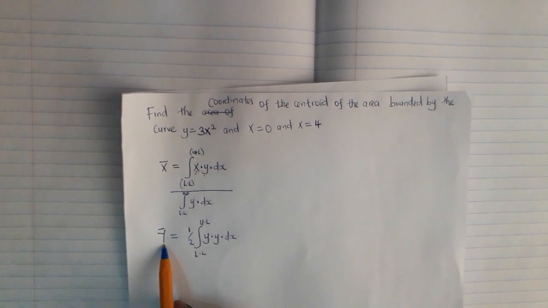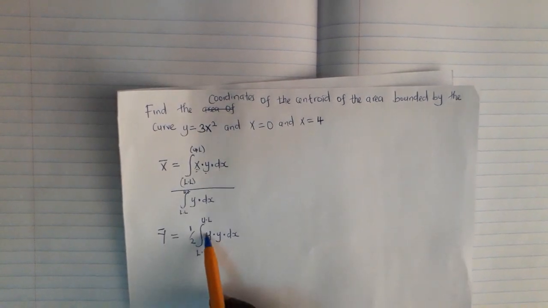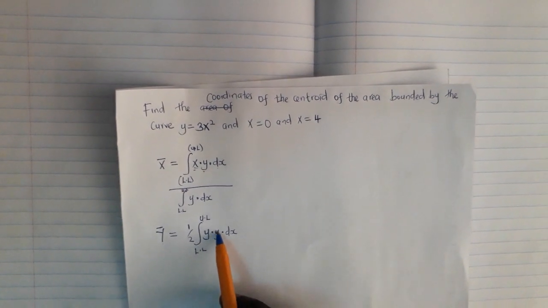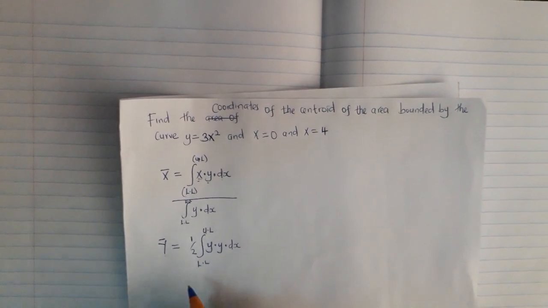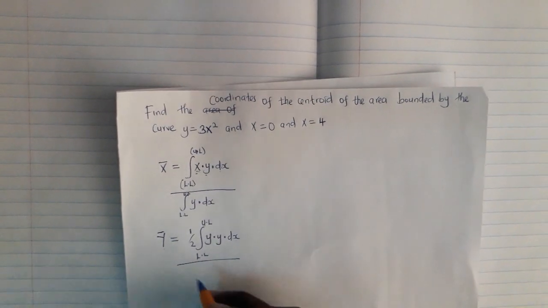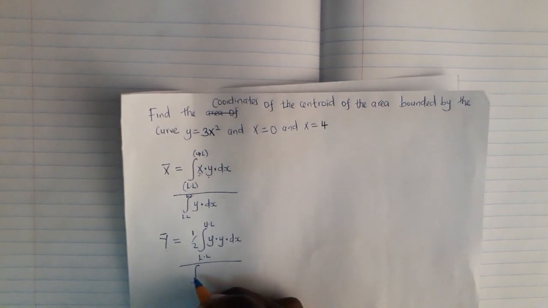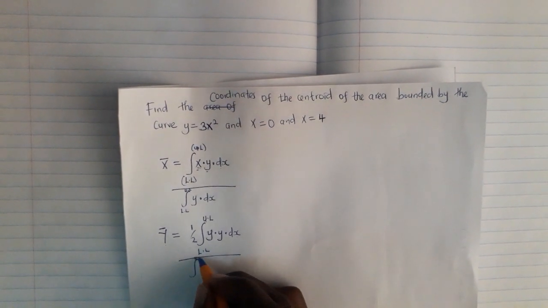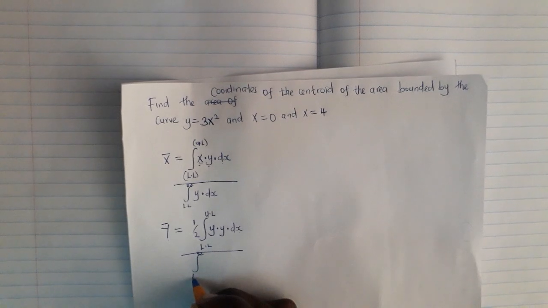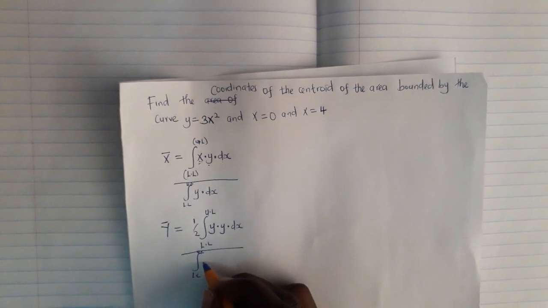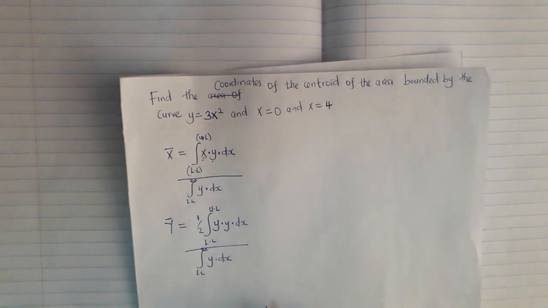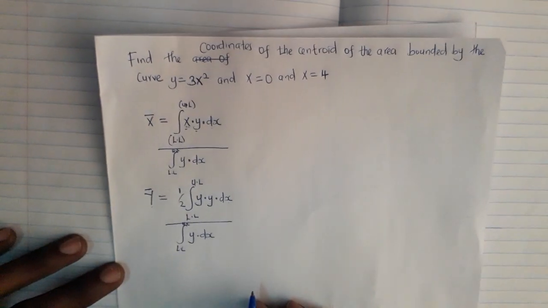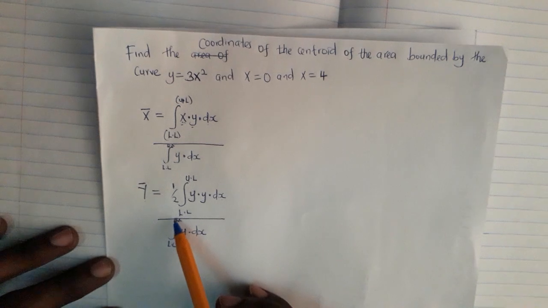But now we want to get our y bar, so we start with y, the function itself, and then we integrate it with respect to dx over the integration of our upper limit, and then our lower limit, and then our y we integrate with respect to dx. So let us begin using these formulas now.